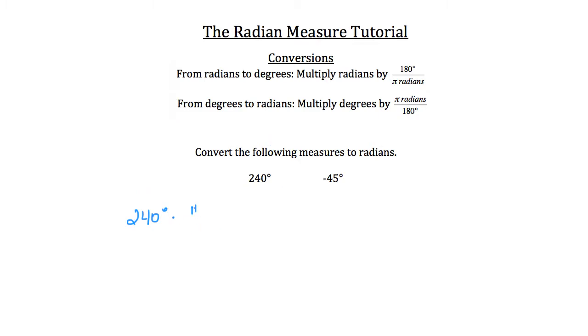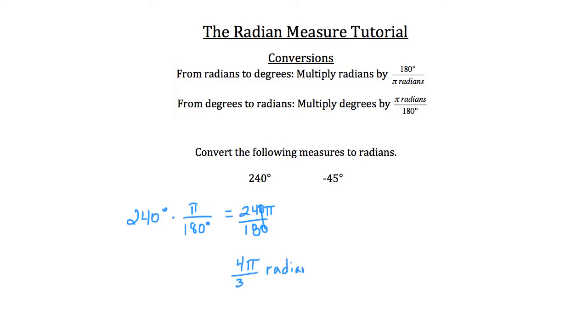And what you'll get is 240 pi over 180. We can cancel out the zeros, and then 24 over 18 reduces to 4 over 3. And that pi is still on top in the numerator. So when we convert 240 degrees to radians, what we have is 4 pi over 3 radians.